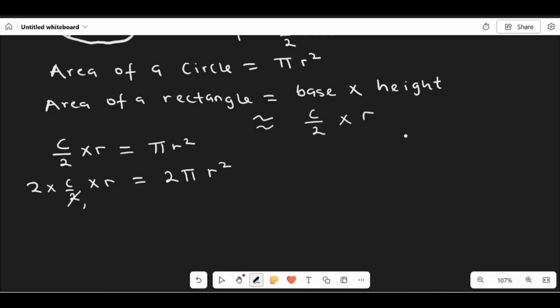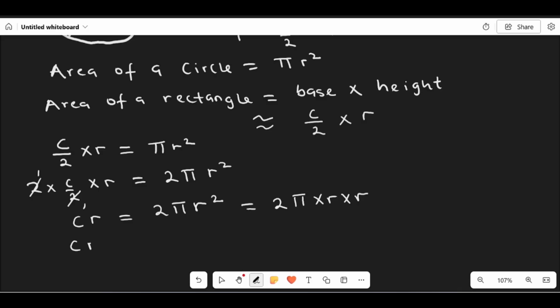The 2s cancel. Cr equal to 2 pi r square. And 2 pi r square simply means 2 pi times r times r. So divide both sides by r.